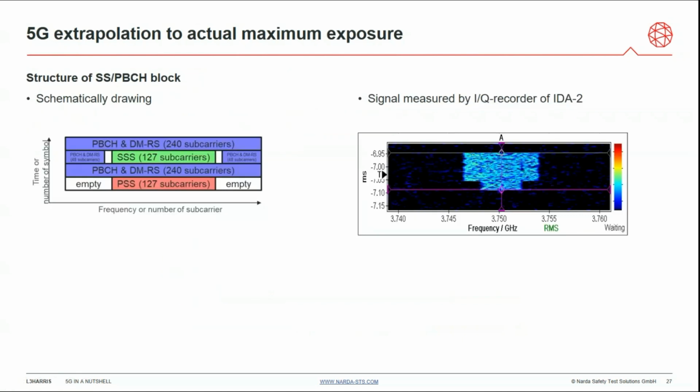If we have a look into a waterfall spectrum, or what's also called the spectrogram, here measured with a brother instrument of the SRM, which is called the IDA2, the Interference and Direction Analyzer, which is the same hardware but a little bit different firmware compared to the SRM, then you can see this structure quite clearly.